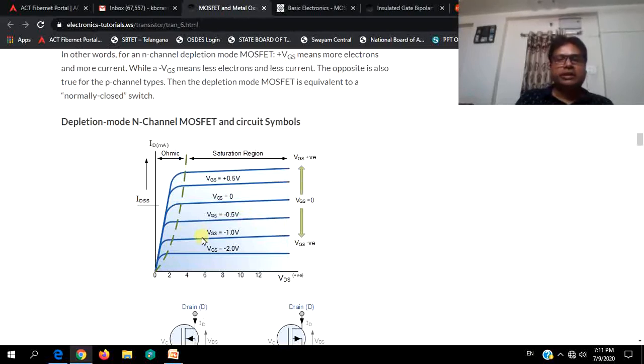These are the switching characteristics of N-channel MOSFETs and circuit symbols.